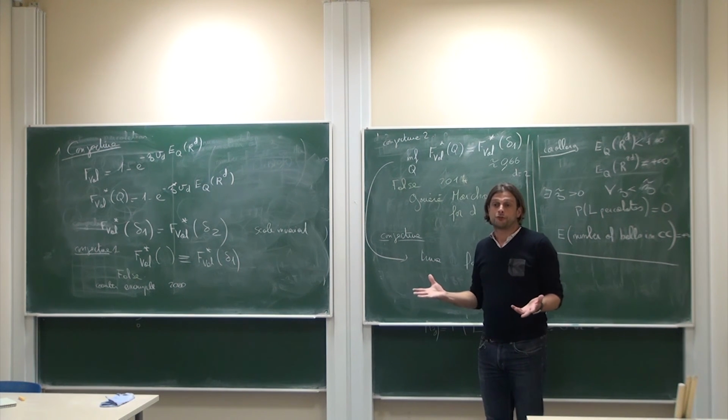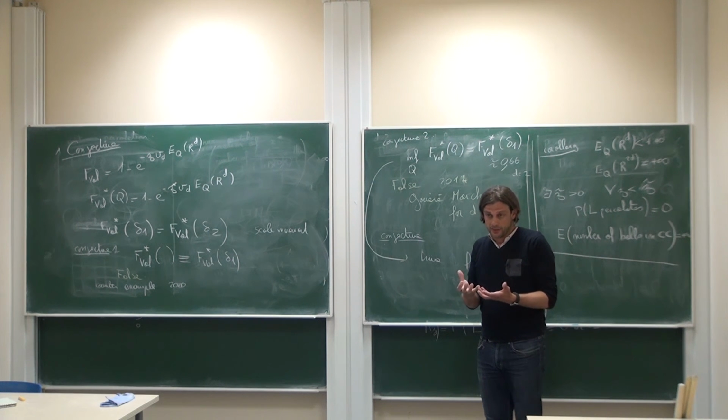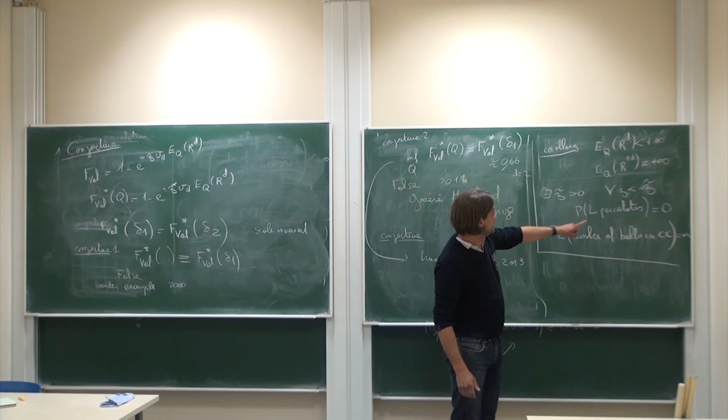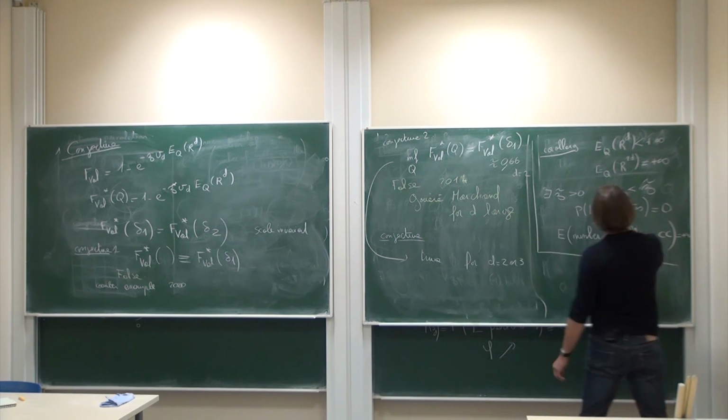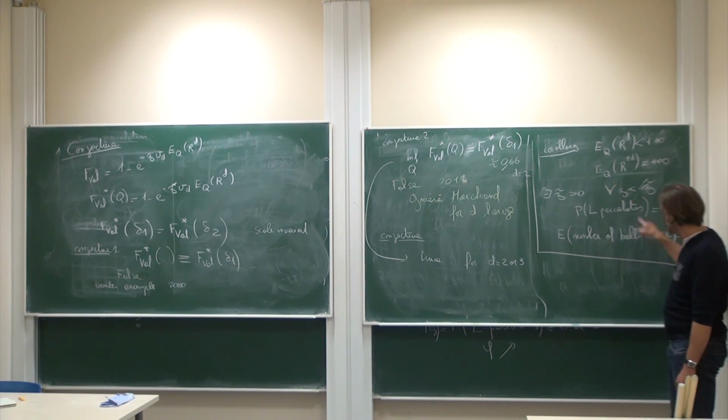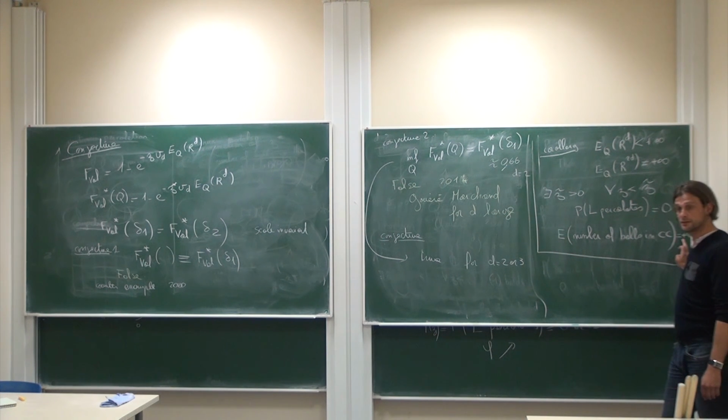So the number of sites in a connected component admits a finite expectation. Here it's not the case, because for any z smaller than z star, of course the connected component is finite, but the expectation of the number of balls in the connected component is infinite. It's quite surprising, but it's proven.